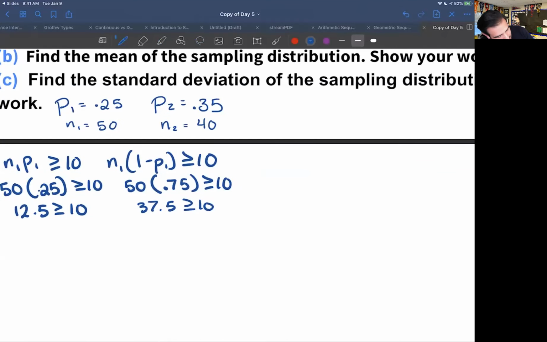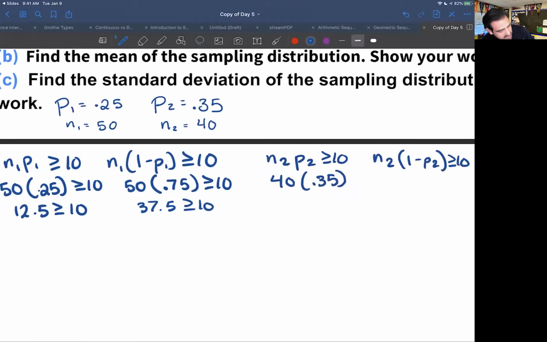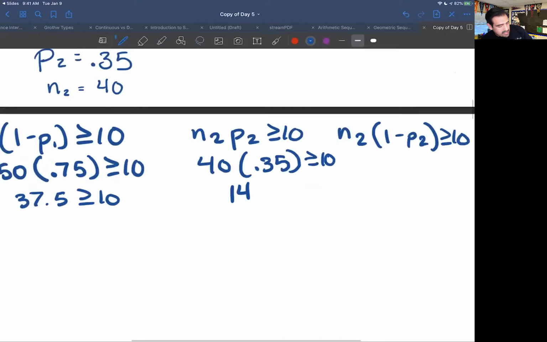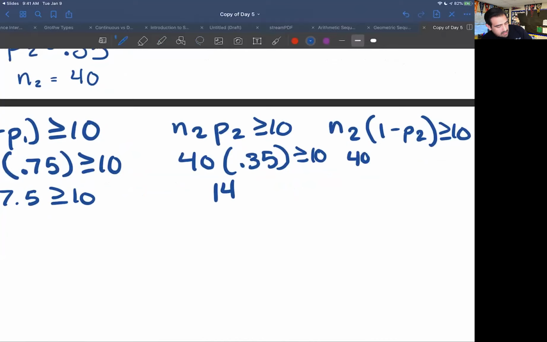Let's check the second one. n2 times p2 has to be greater than or equal to 10, as well as n2 times 1 minus p2 has to be greater than or equal to 10. So a sample size of 40 with a probability of success of 35%. Is that greater than or equal to 10? Well, that's going to give us 14. In the same way, I need a sample size of 40 with a probability of 65%.